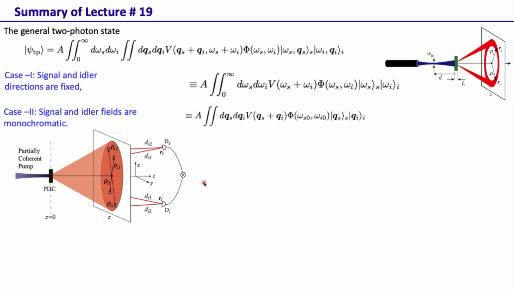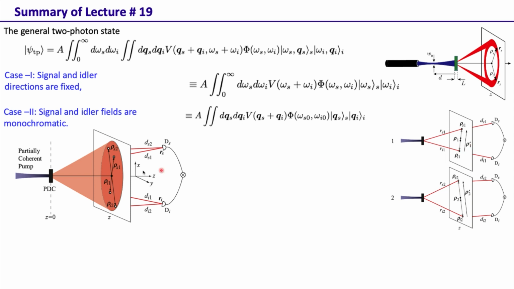We then also looked at the generic two-photon interference, and we considered this setup. In this setup, we are producing a two-photon state using a partially coherent pump, and the down converted photons can reach these detectors in two different alternative ways.